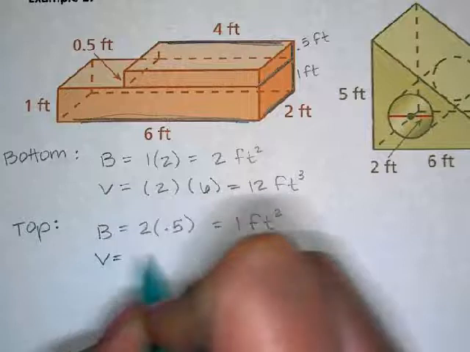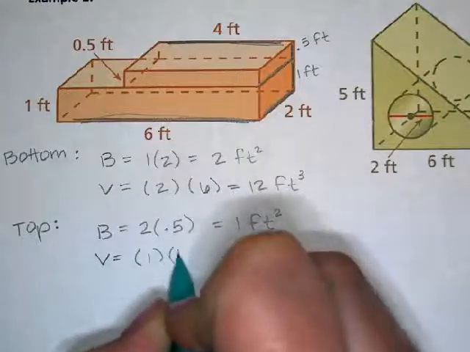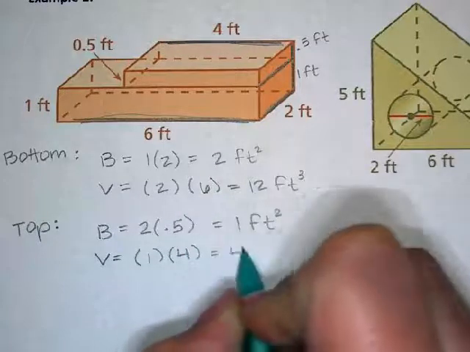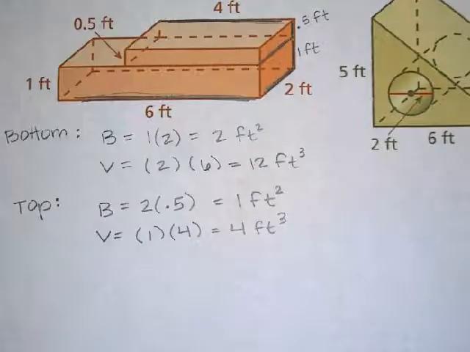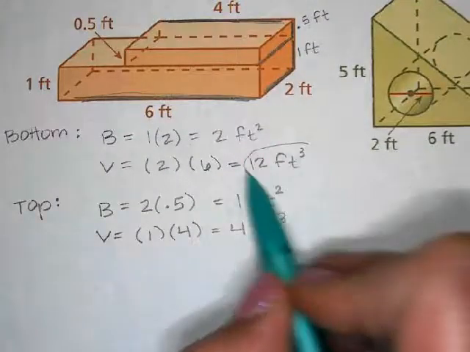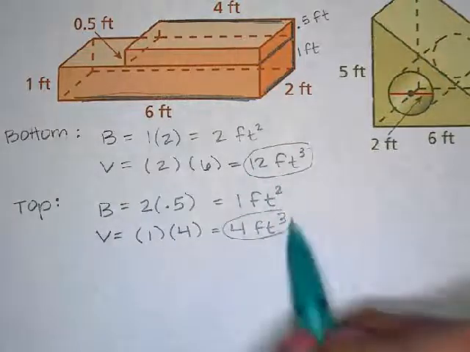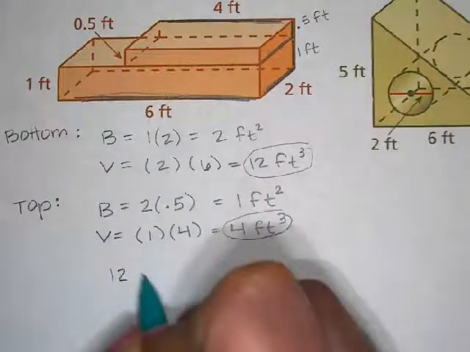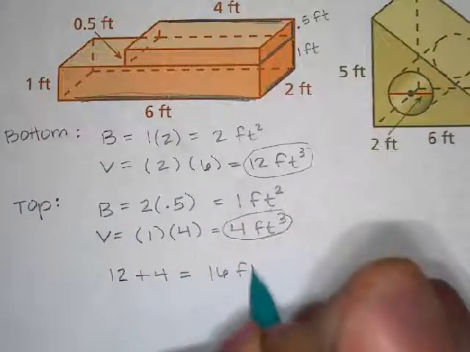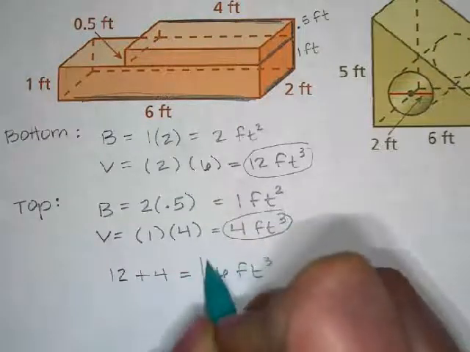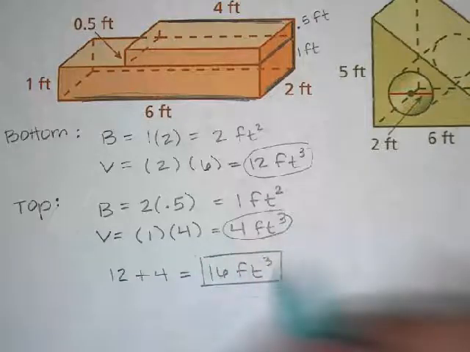So the volume is going to be the area of the base multiplied by the height, which is 4 cubic feet. And so overall for the composite shape, I'm just going to take those two volumes, 12 and 4, and add them together to get 16 cubic feet.